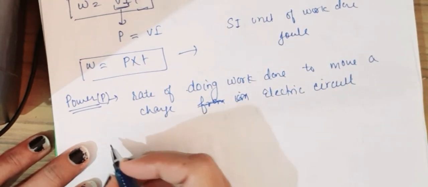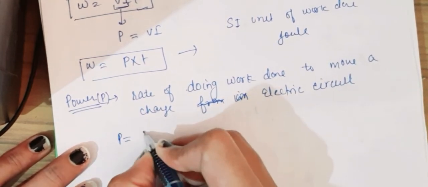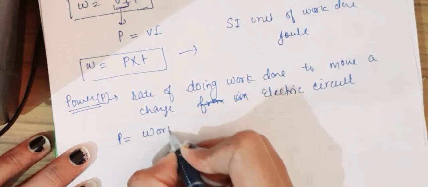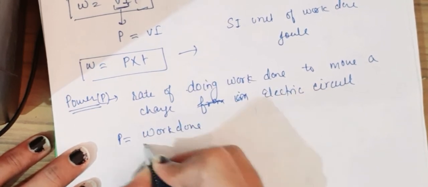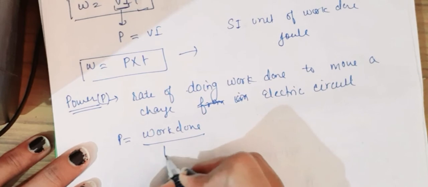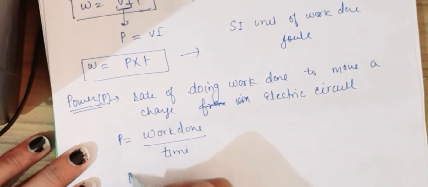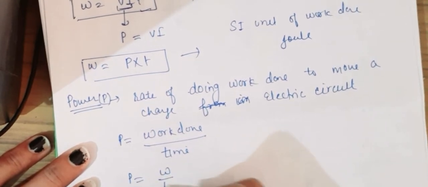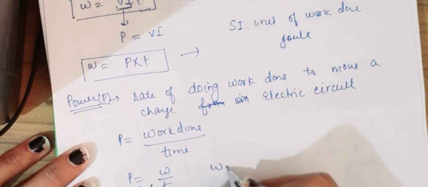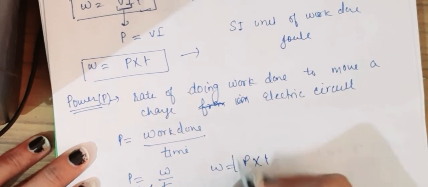That is called power. It is equal to work done upon time, so we can write W upon T. Another relation: W is equal to P into T, the same relation.